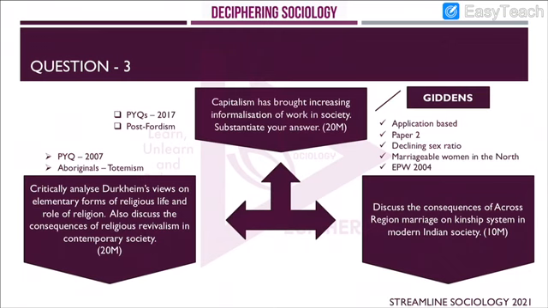The question on informalization of work because of capitalism was asked in different forms in 2017, and we will talk about post-Fordism and how we have different types of informalization. Every form of work need not necessarily be in a formal setup.